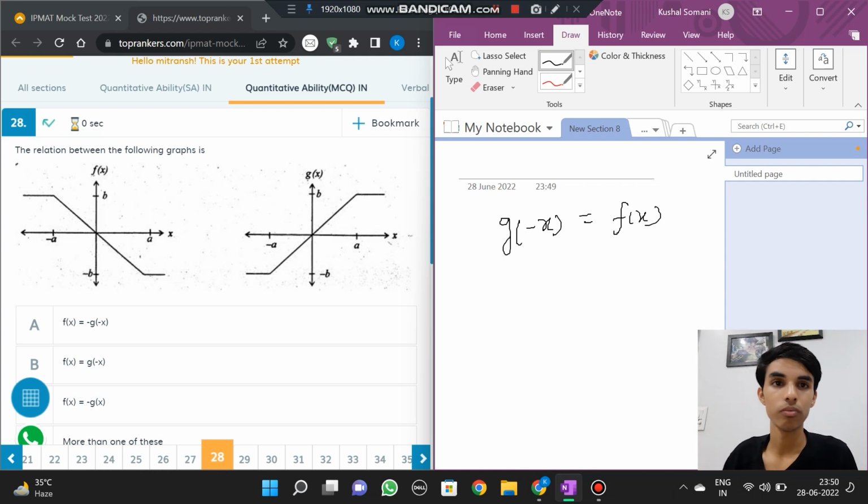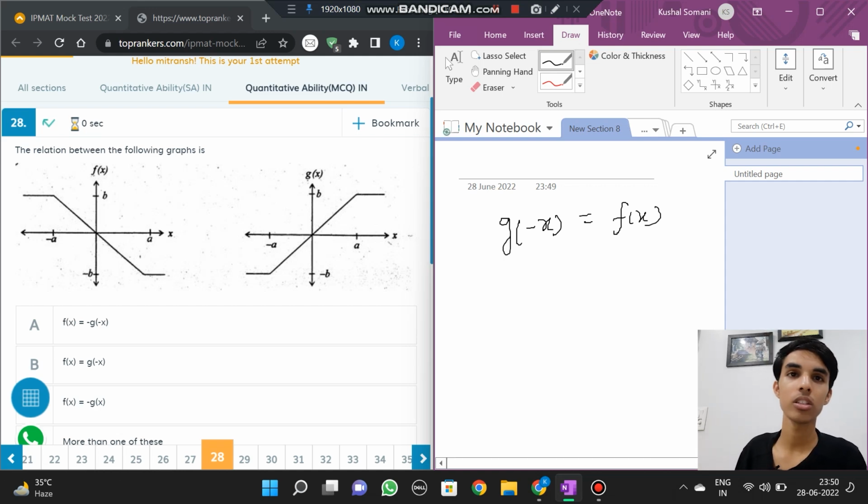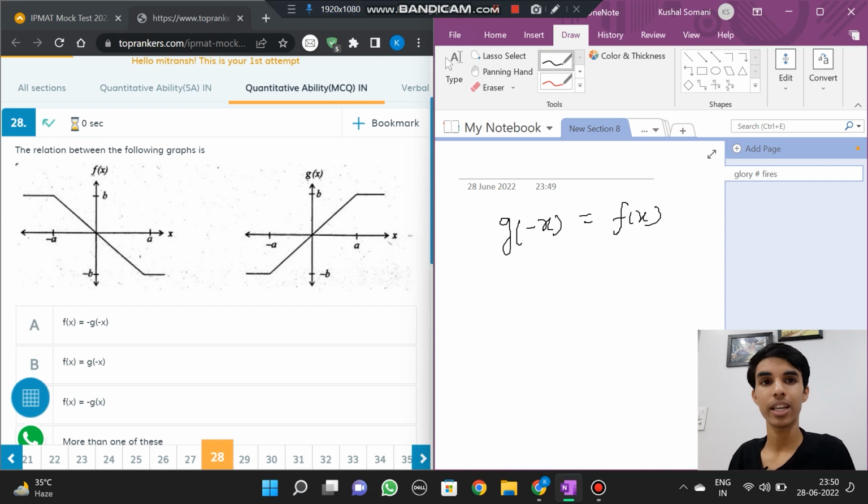But wait, don't jump right into answering the question, because there's another option D which says more than one of these. So we also need to see the other options. Now, option A, f(x) is equal to minus g of minus x, is definitely wrong, because g of minus x is providing us the mirror image of g(x). But when we again take the minus sign out of the function, we get g(x) again.